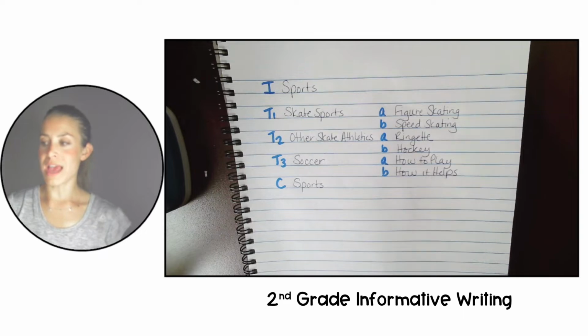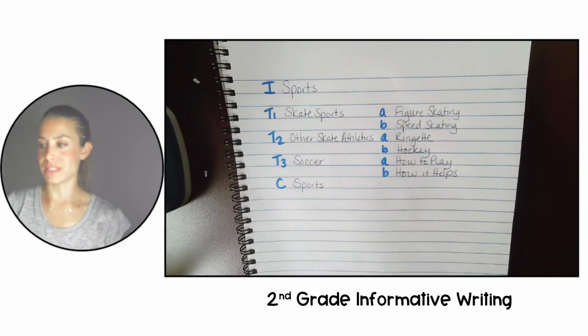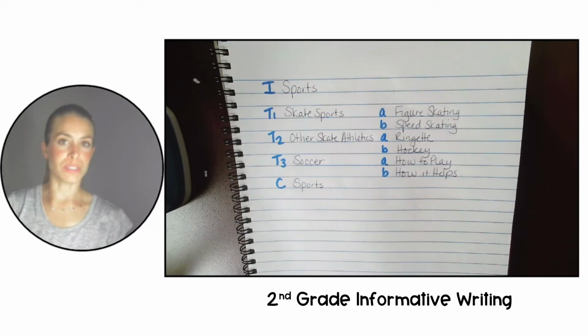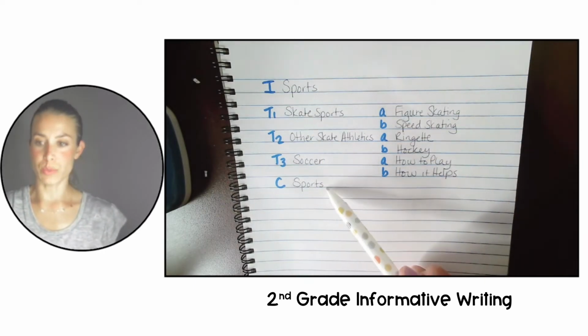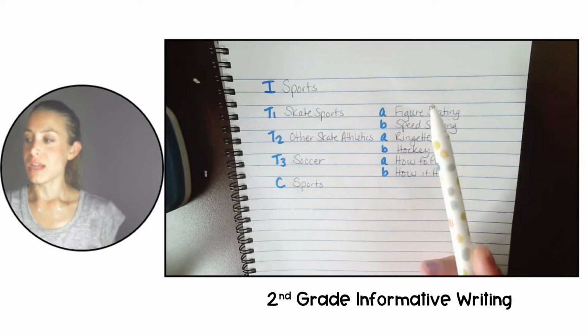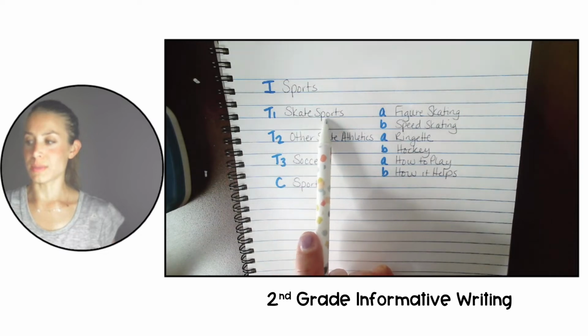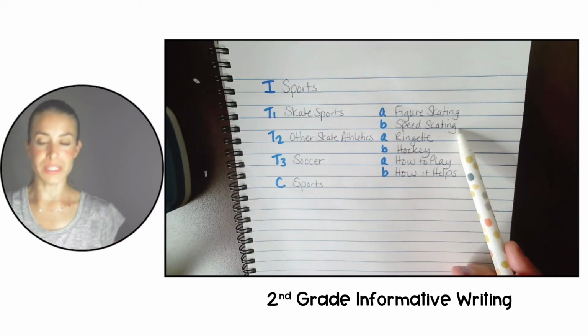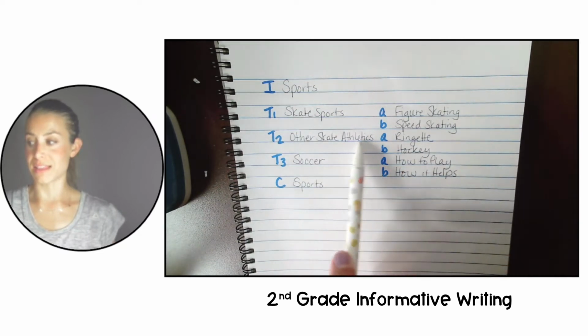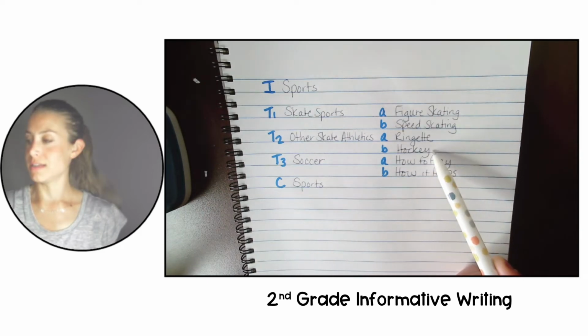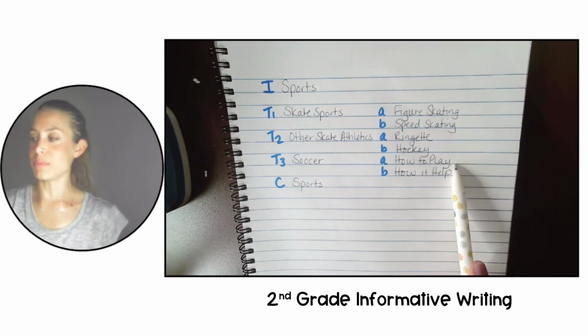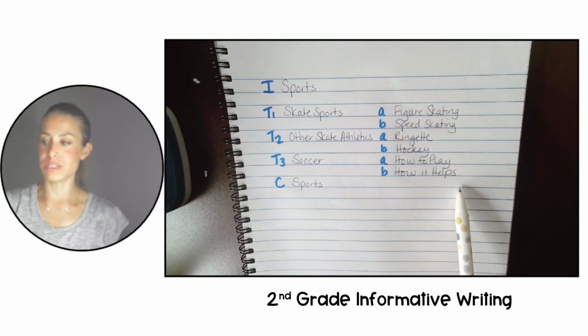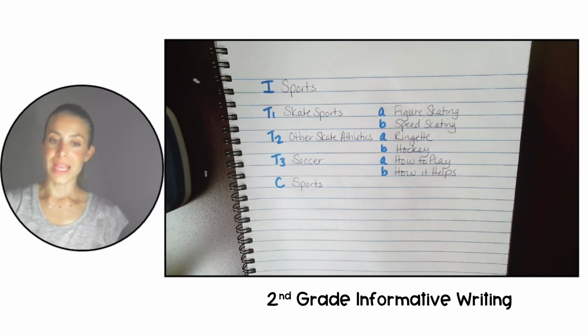And so we had passages about skate sports as well as soccer. So this was our plan. Obviously, it was inform your reader about sports. So I and C are sports. Then our T1, we talked about skate sports, figure skating, and speed skating. Other skate athletics like ringette and hockey. And then soccer, how to play it and how it helps. So this was our plan that we came up with.